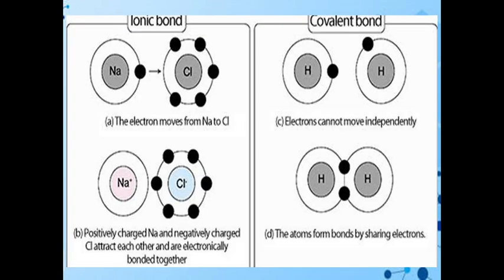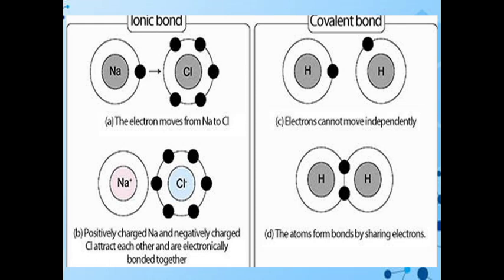Another is the way electrons are transferred or shared. In an ionic bond, it is composed of metals and nonmetals. The valence electron of sodium is transferred to Cl.